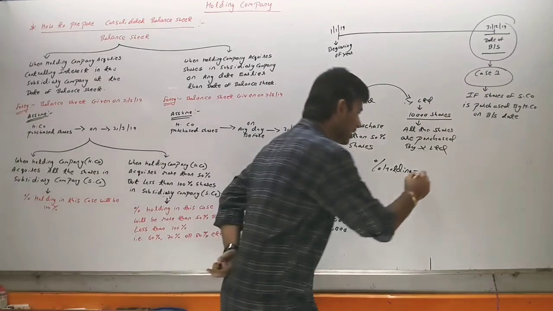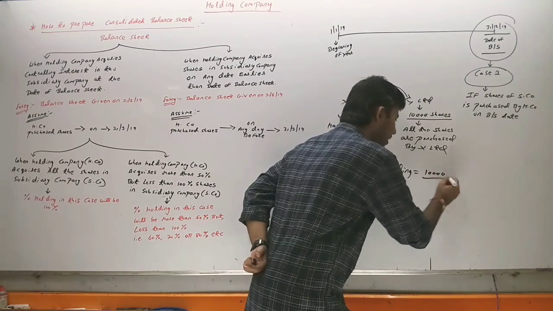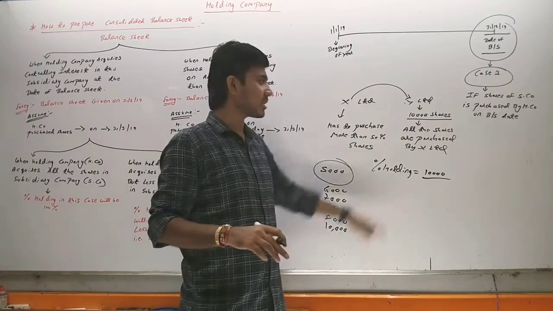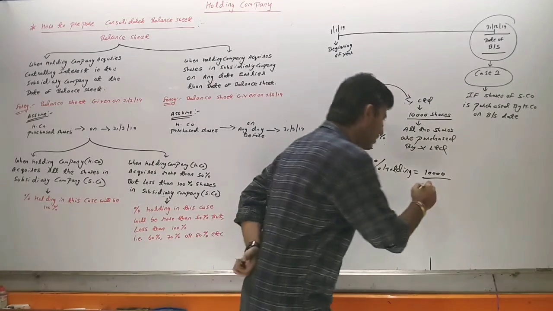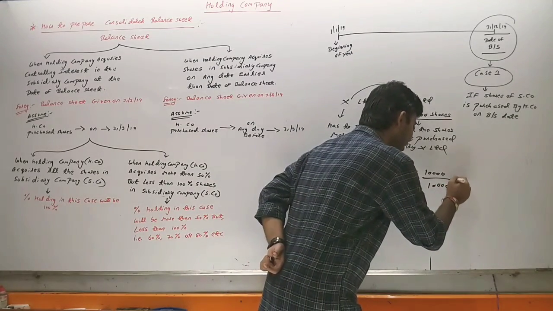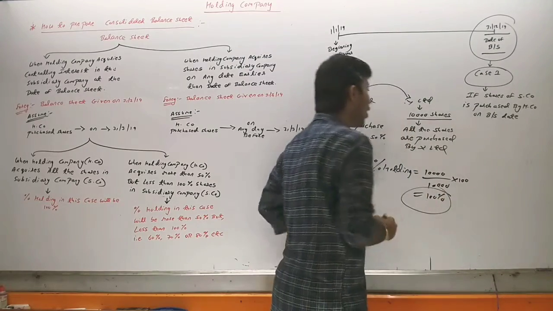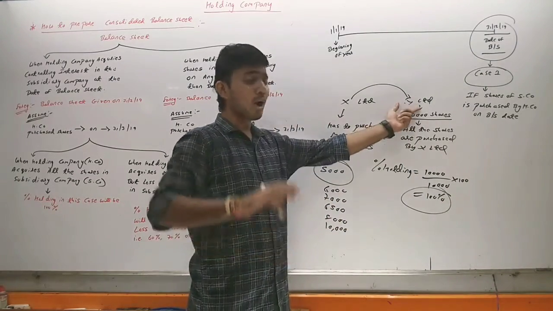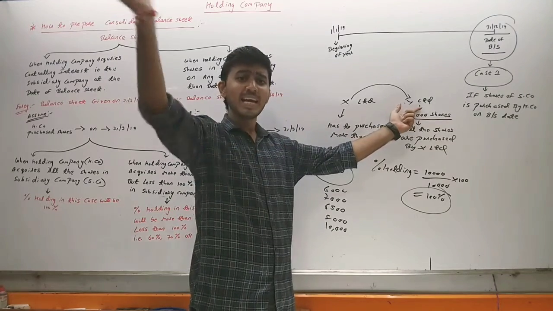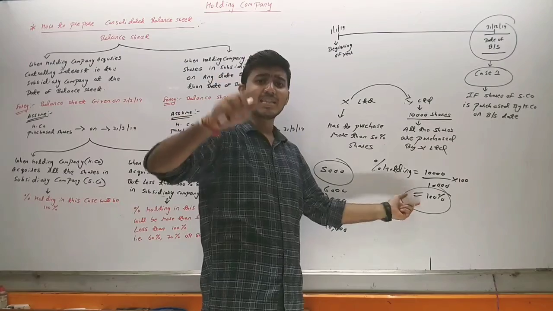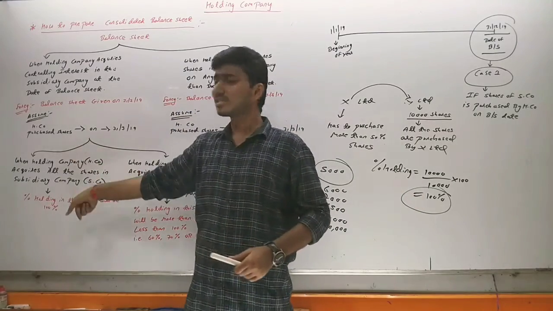All the share, it means 10,000, divided by total number of shares of subsidiary company. The total number of shares of subsidiary company is 10,000. 10,000 divided by 10,000 multiplied by 100, it will come to 100%. So if holding company purchase all the shares of subsidiary company, in that case percentage holding will be 100%, and this is first part of case number 1.